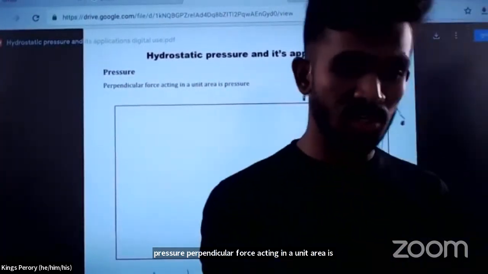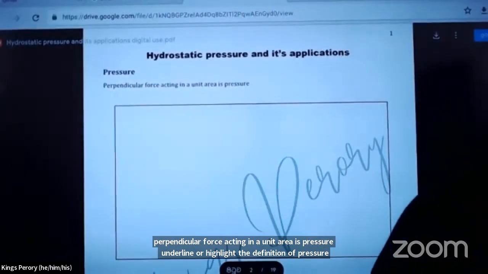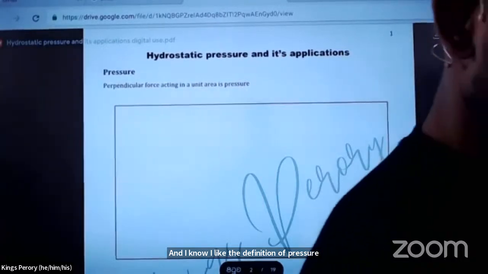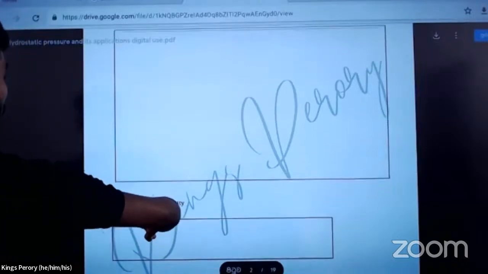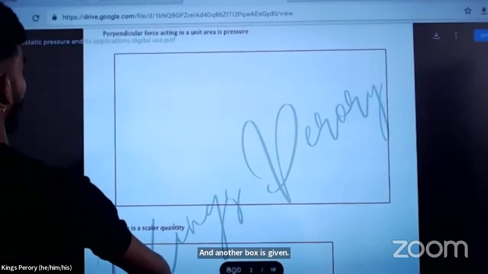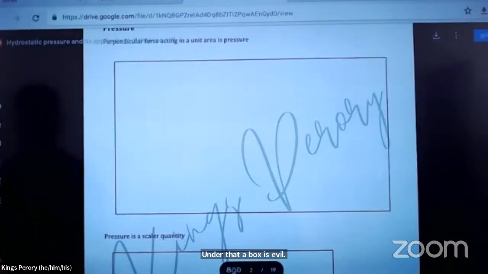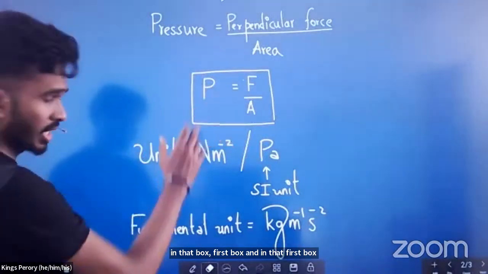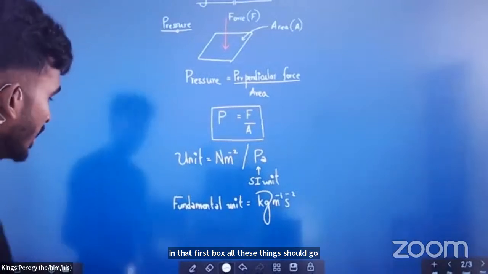Underline or highlight the definition of pressure. Under that, a box is given. In that first box, all these things should go with the drawing. I'll rearrange it like this.